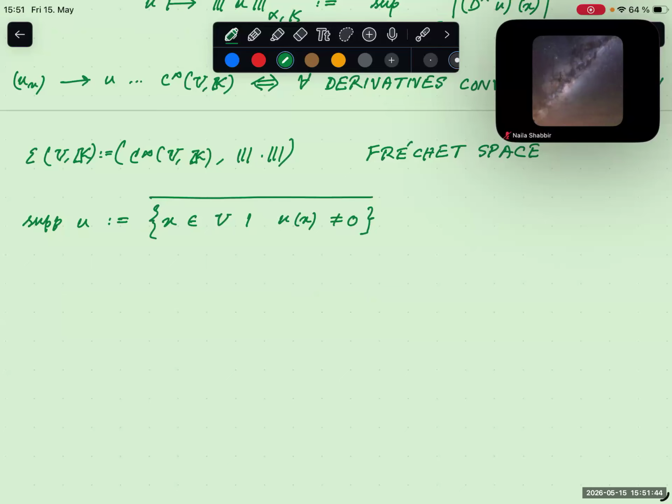Now it may happen that the support is a compact subset, or all the supports of u remain in some compact subset. So then we have this space.